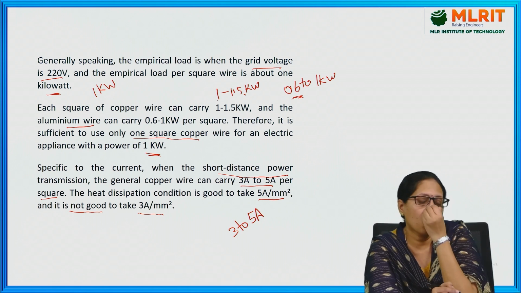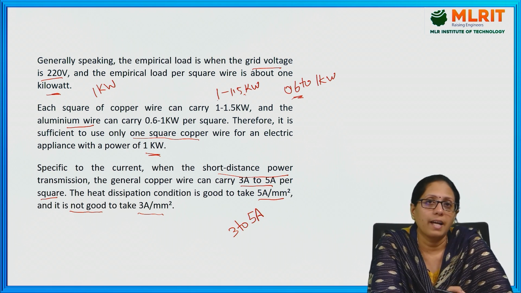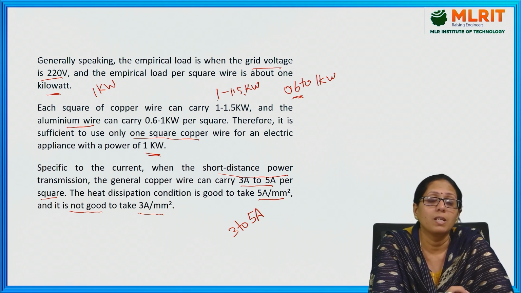So based on the current carrying capacity, the length as well as the diameter of the wire or cable is decided.